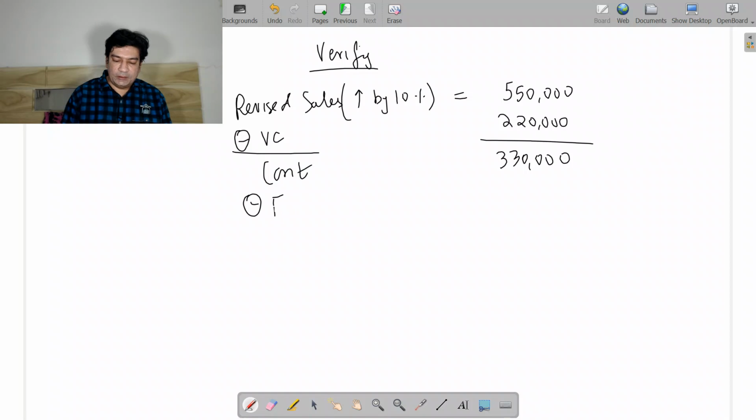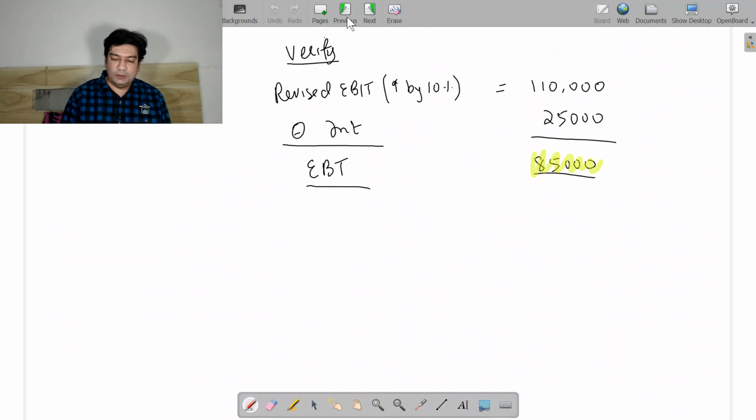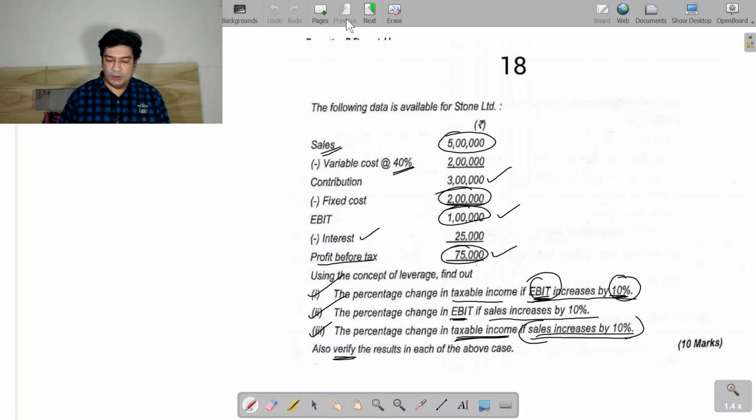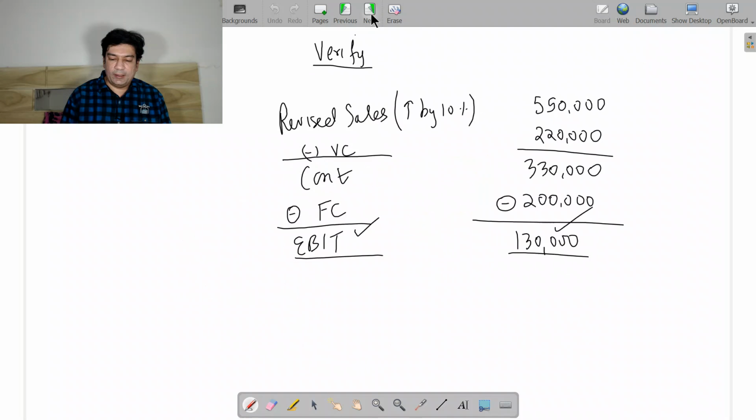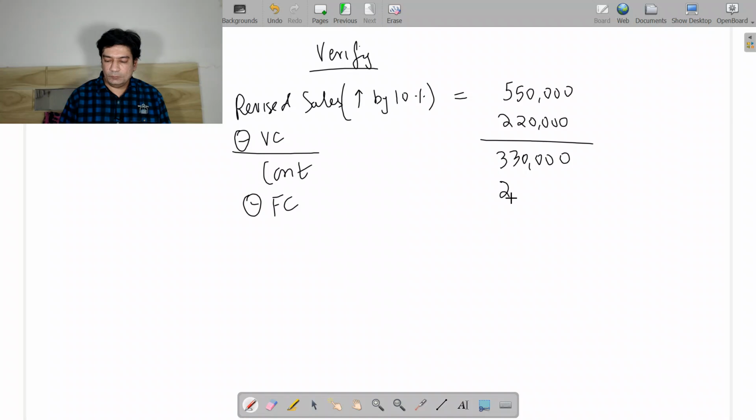From this I will be subtracting the fixed cost. And how much is the fixed cost? 2 lakh. So 2 lakh I will be subtracting, so I will be getting EBIT. So 1,30,000 will be my EBIT.